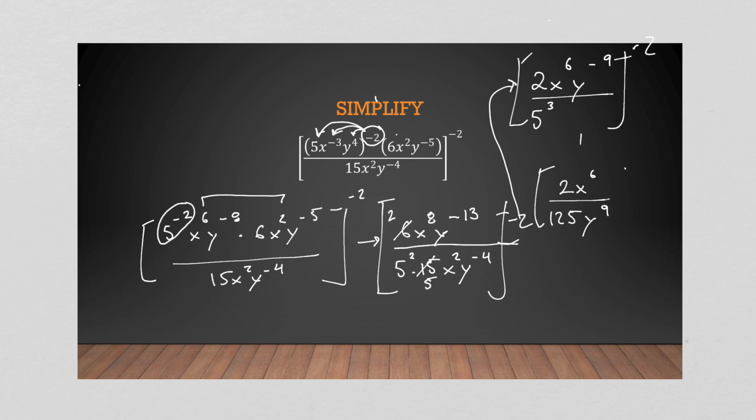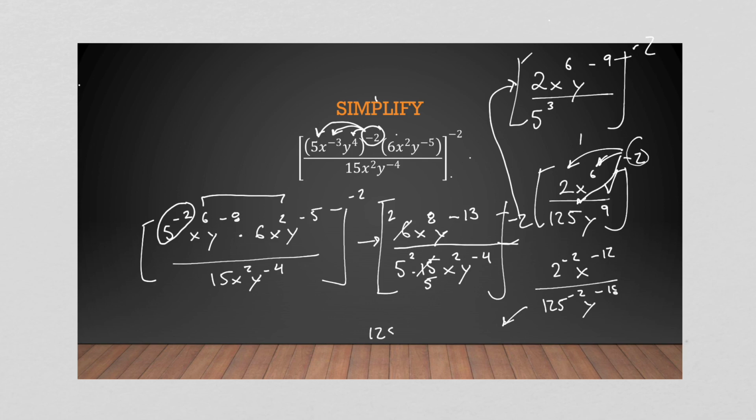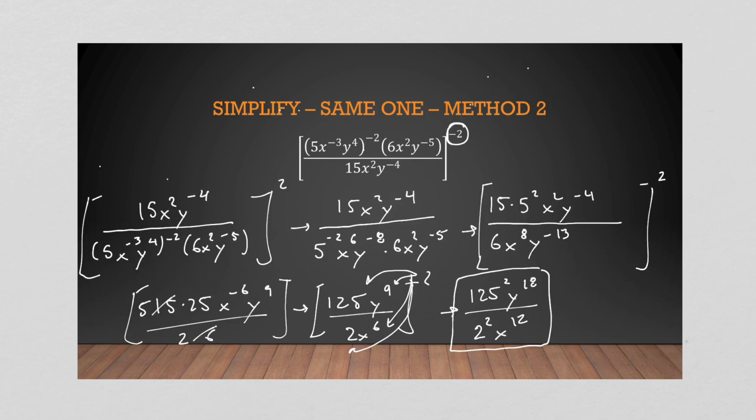This would be to the negative 2, which would then give me 2 to the negative 2, x to the negative 12, over 125 to the negative 2, y to the negative 18, because this has to go into every single term. And then, since all of those are negative, we flip them all. So 125 squared, y to the positive 18 over 2 to the 2, x to the 12. And that is the exact same answer.